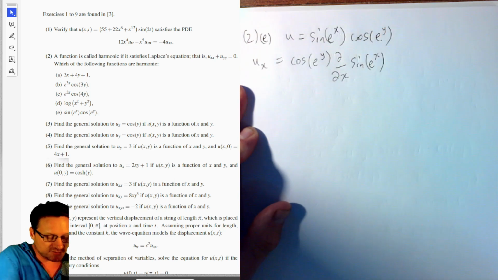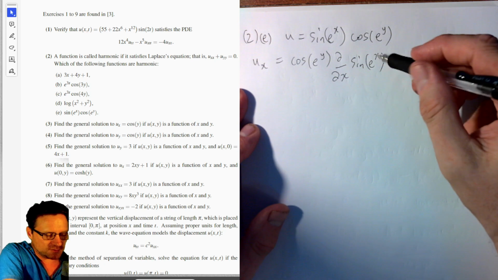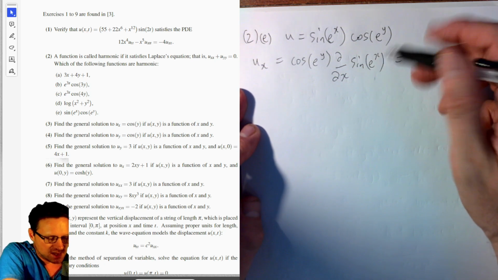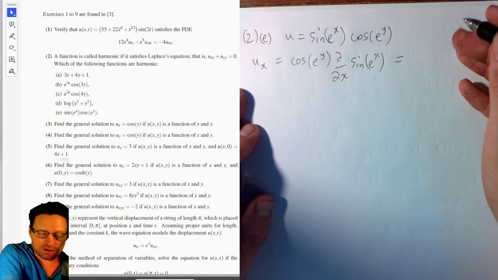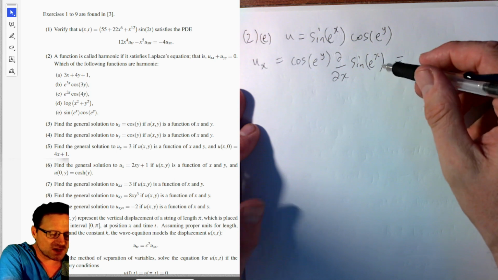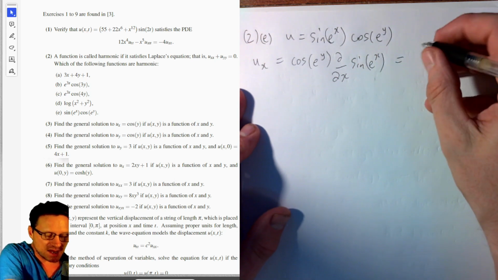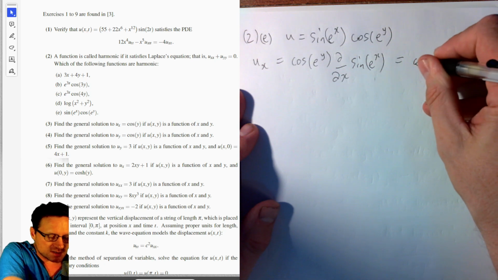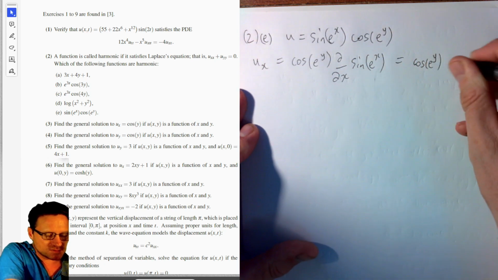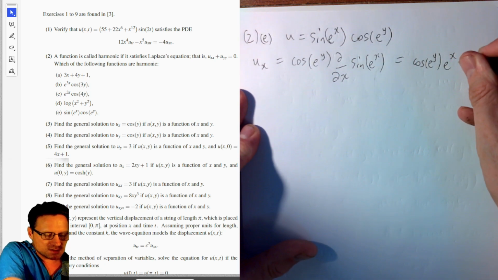Now we need the chain rule for this. So differentiating with respect to e to the x, we would get cos of e to the x, but then we have to multiply by the derivative of that inside function, which is e to the x.